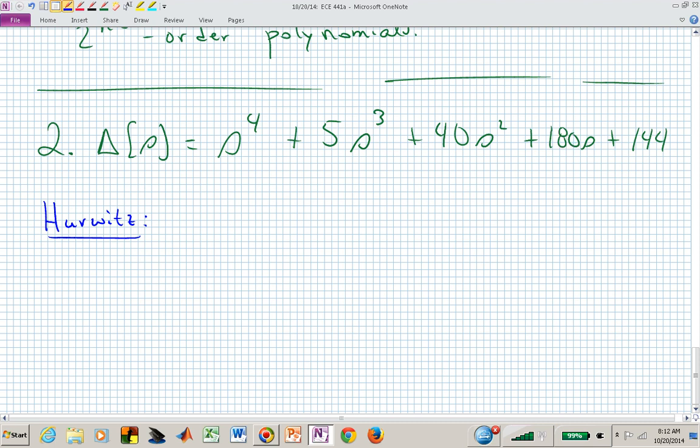How does it do on the Hurwitz test? Are all of our coefficients present? Check. Yes. Are they positive? Yes. Check.